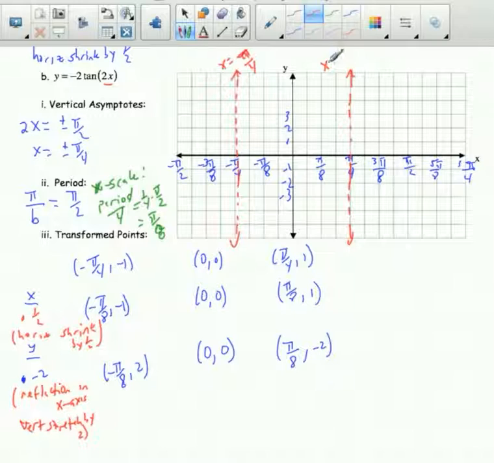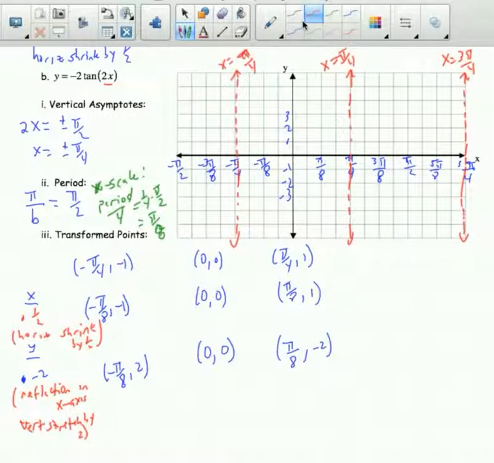And to find another vertical asymptote, because there's an infinite number of them, I can add a full period. The period is π/2, so π/4 plus π/2 is the same thing as π/4 plus 2π/4, which is 3π/4. So I'll sketch in one more vertical asymptote.